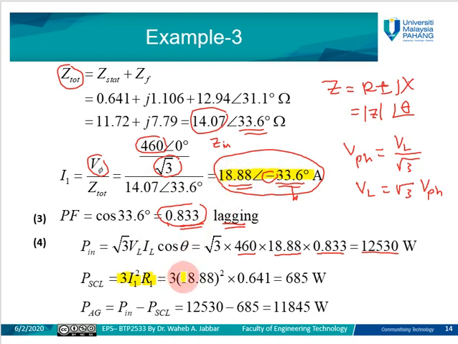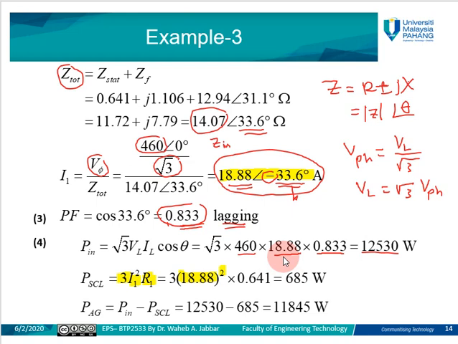Okay, so we just substitute. Since we are talking about the magnitude, we just take the magnitude value. So it's 3 times 18.88 all squared times R1. Sorry, the R1 value.